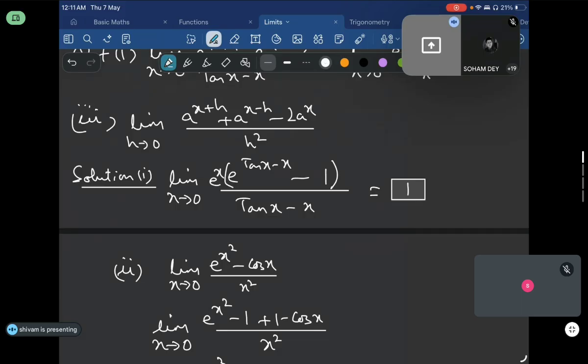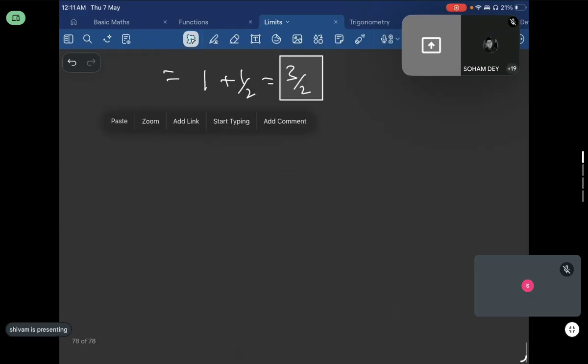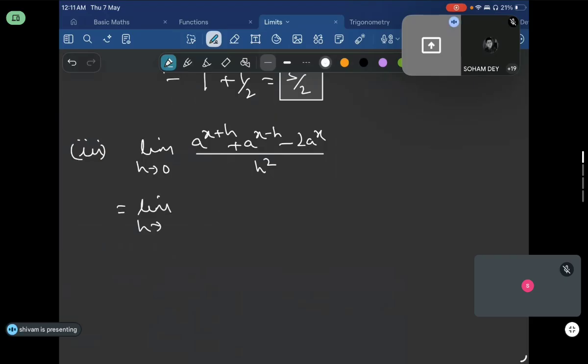Okay, everyone pay attention. So see, e to the power x plus h plus e to the power x minus h minus 2 e to the power x upon h square. This is part 3. So this will give us limit h tends to 0. Over here, you take e to the power x common. What are we getting? E to the power h plus 1 by e to the power h minus 2 divided by h square.